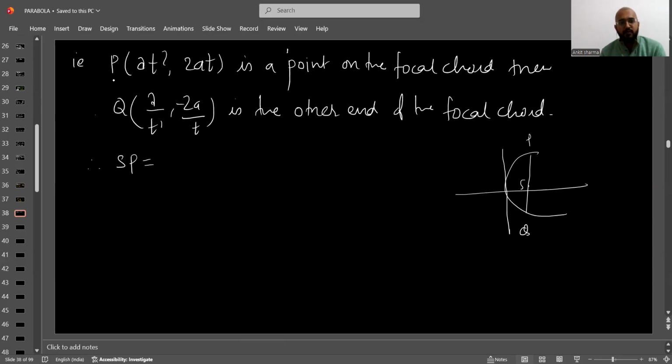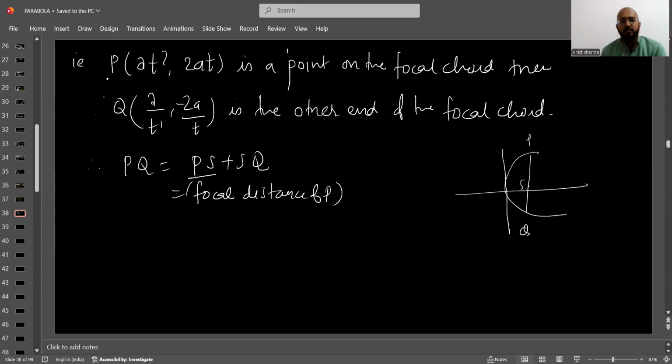Basically we want PQ. PQ is nothing but PS plus SQ. Now PS is nothing but the focal distance of P, plus now Q I know, which is the focal distance of Q.